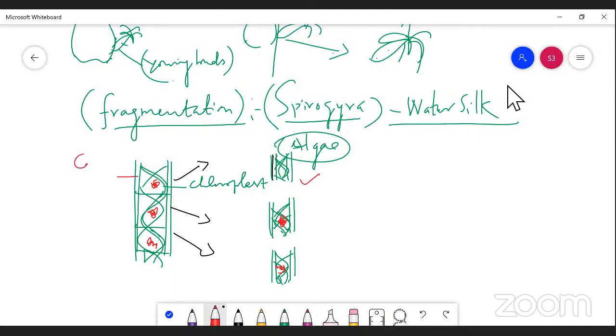It has a cell wall and septa. In Spirogyra, fragmentation takes place: the plant body breaks down into small pieces, and each piece develops into a new individual. It's called fragmentation.